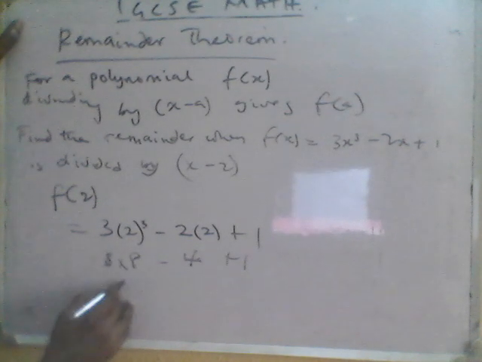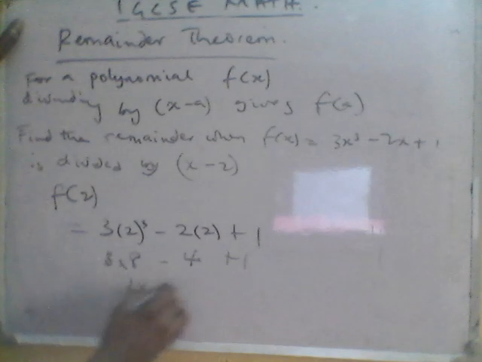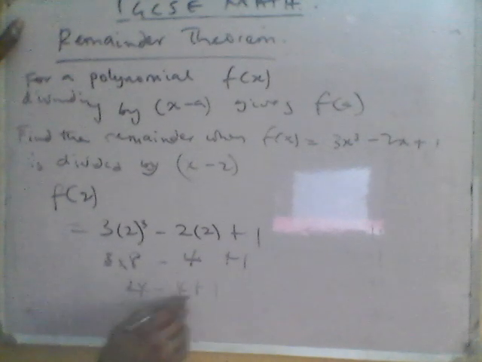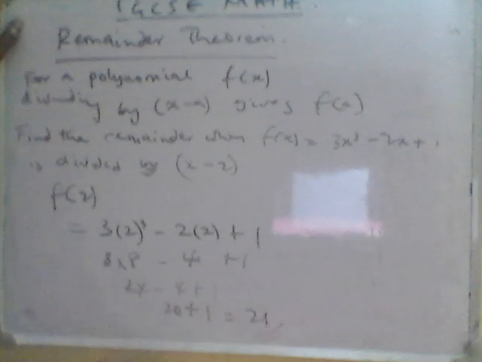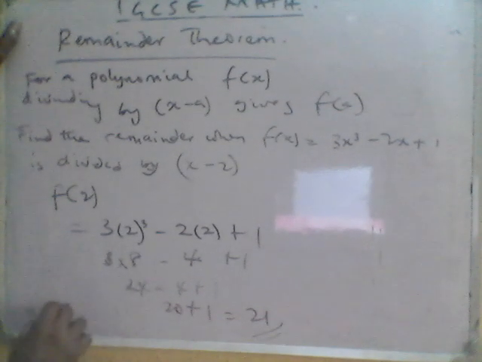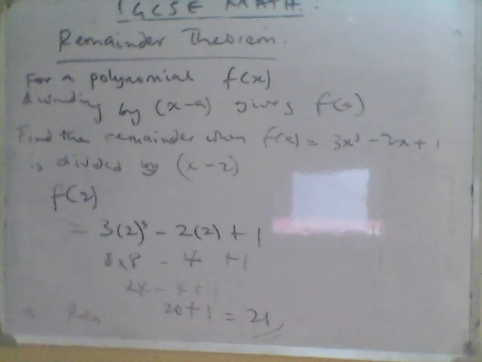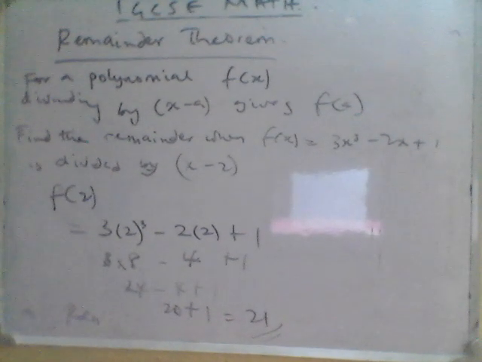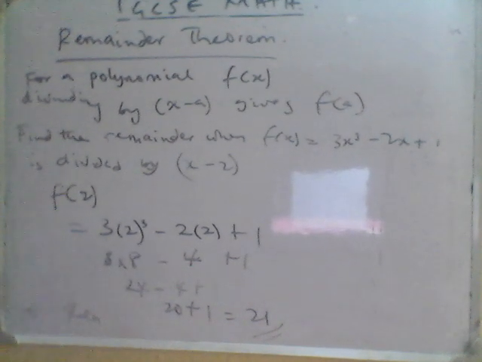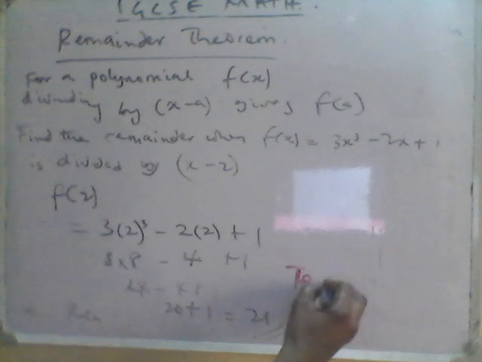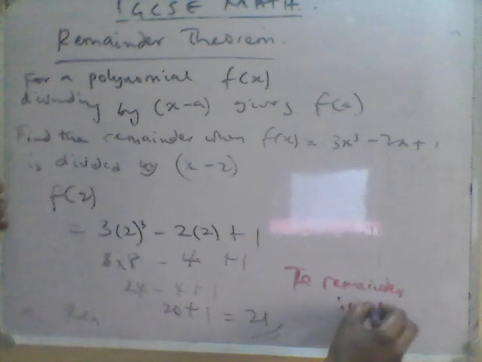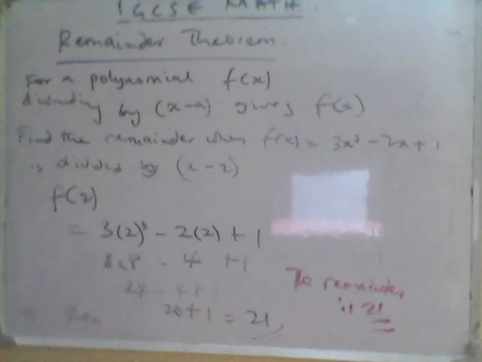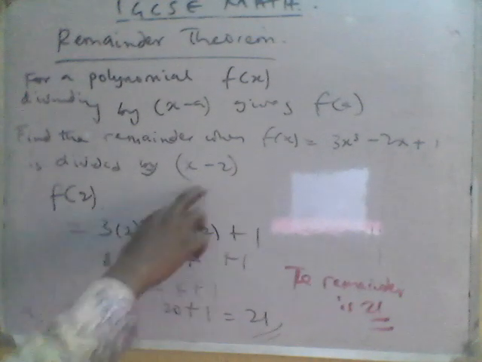So 3 times 8 is 24. Then minus 4 plus 1. This is 24 minus 4 is 20, plus 1, which is 21. So therefore, the remainder is 21.